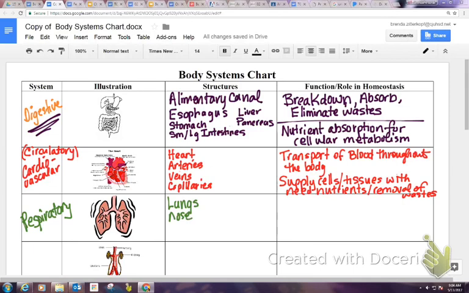So nose, pharynx, trachea, bronchi, bronchioles, and the actual organ where exchange occurs, alveoli.